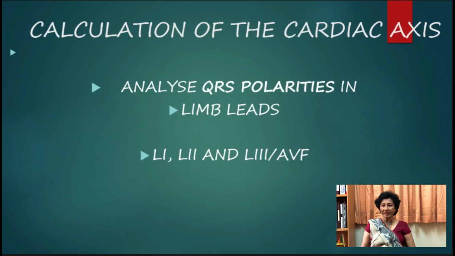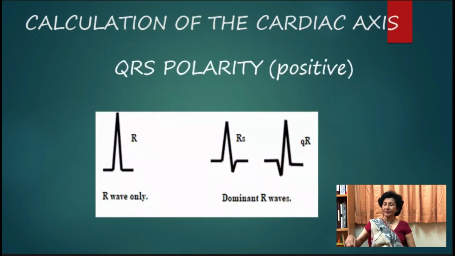Therefore, one can select lead 1, lead 2 and lead 3 to calculate the cardiac axis, but another person can select lead 1, lead 2 and aVF depending on their preferences. To calculate the cardiac axis, the interpreter should be able to find out the polarity of the QRS complex. Polarities of QRS complexes can be positive, negative or isoelectric.